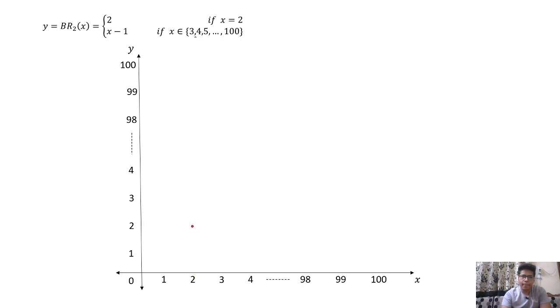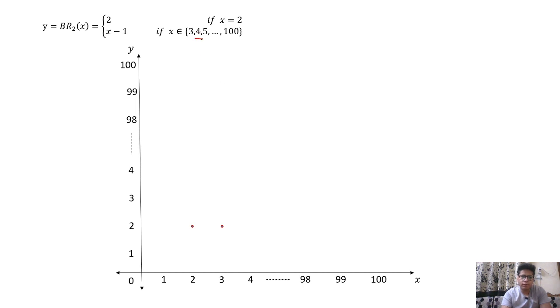What if x is equal to 3? Then the best response of y is 3 minus 1, that is 2. So at 3, the best response for player 2 is to choose 2. So basically this is the point, and we can see the best response of player 2 also.